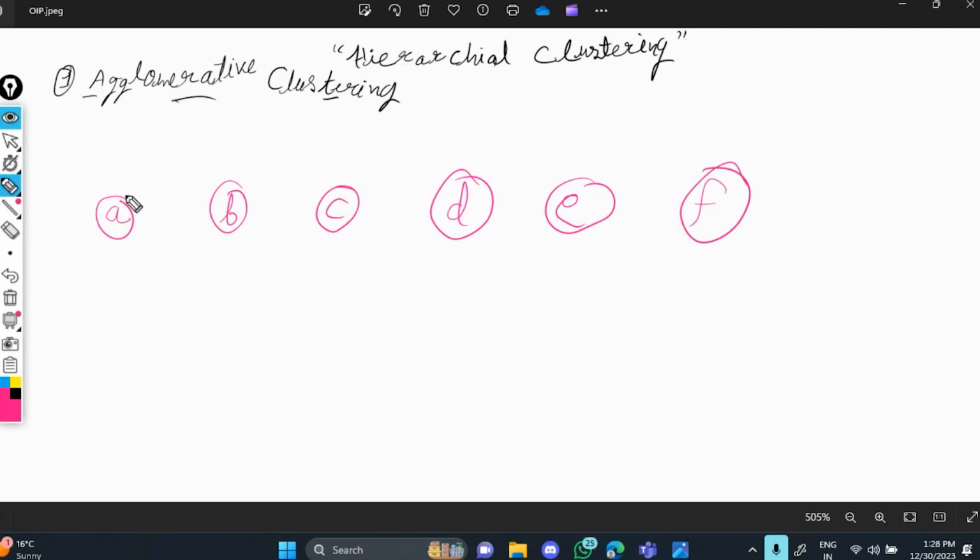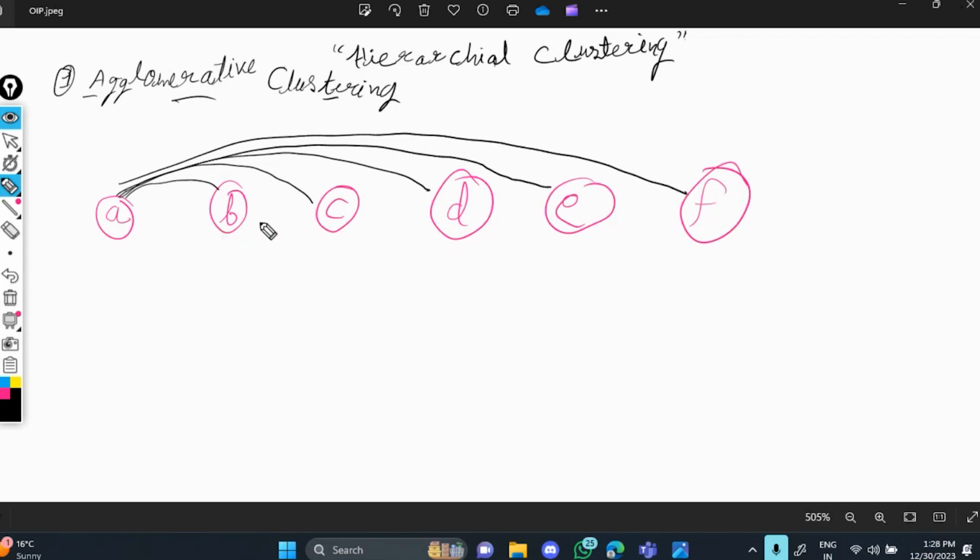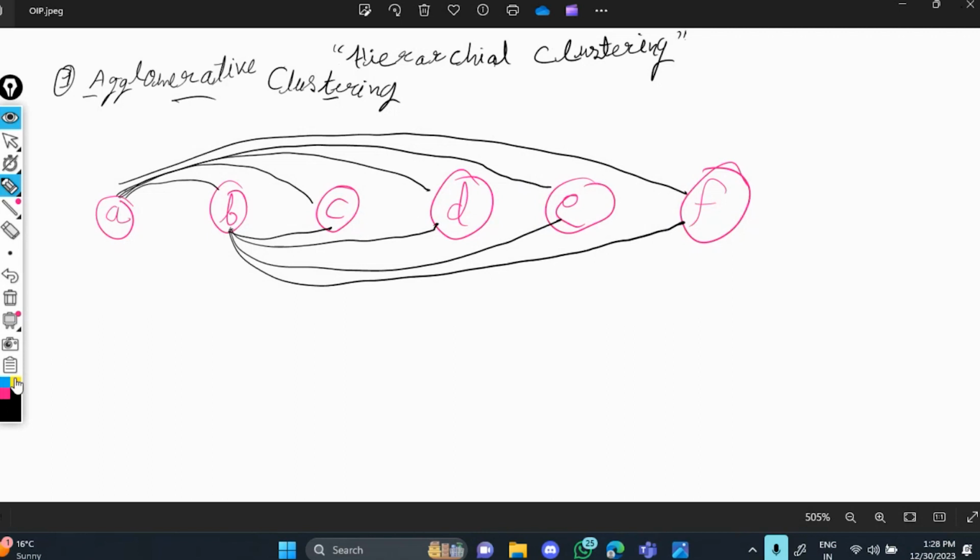In agglomerative clustering, we have to calculate the distance from A to B, A to C, A to D, A to E, and then A to F. Then B to C, B to D, B to E, and B to F. Then C to D, C to E, C to F, then D to E, D to F, then E to F. Now we have understood that we are looking at the distance between all the records.